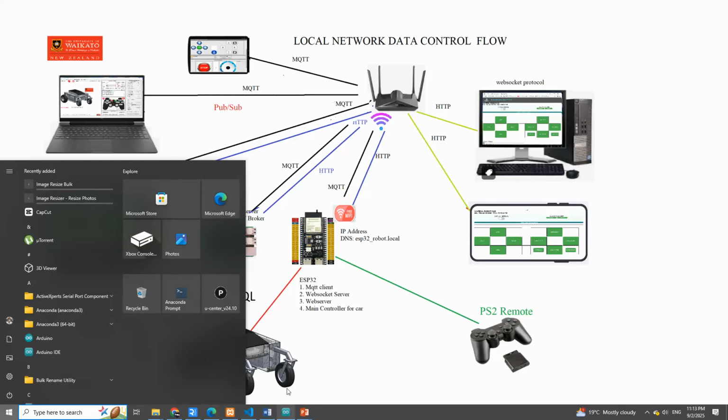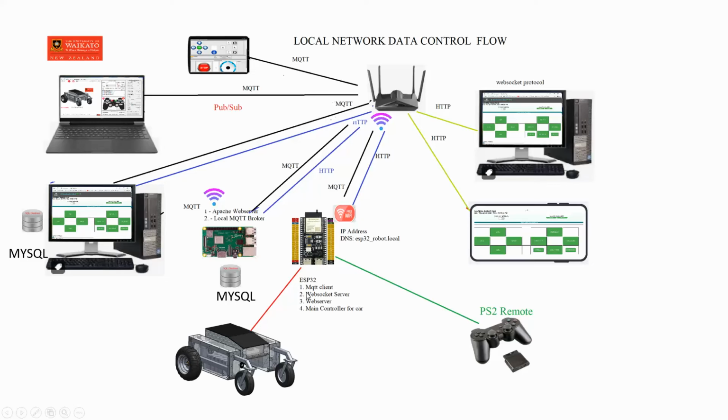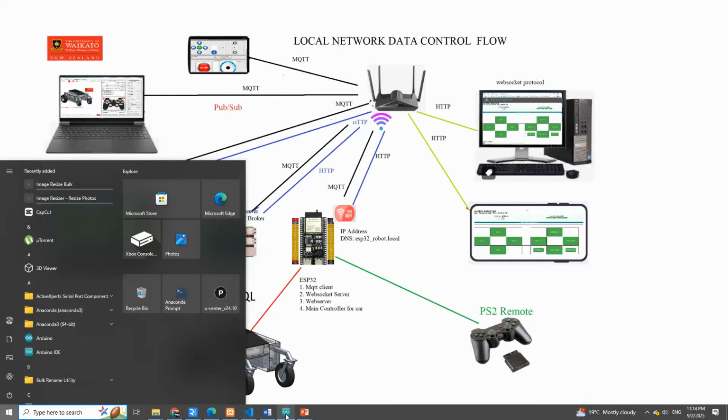The ESP32 is used for controlling the car, sending data to the web server, and reading remote controls, everything. So it is overloaded. If we put the MySQL data on it, there is not enough space and resources.